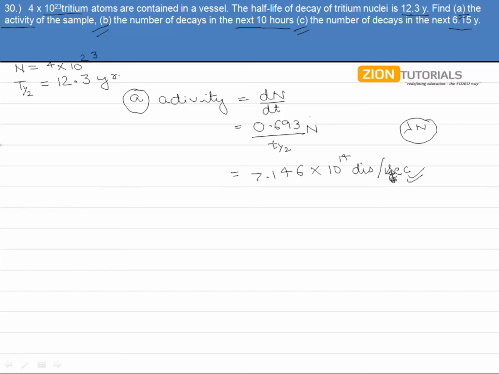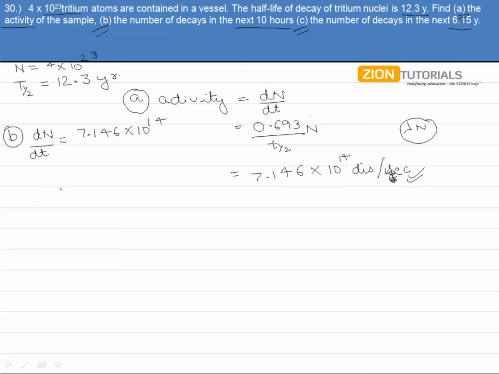Proceeding to the second part of this question, that is the B part, in which we need to find the number of decays in next 10 hours. Now, as we wrote dN by dt as the activity, we have got the value of dN by dt equals 7.146 into 10 to the power 14.